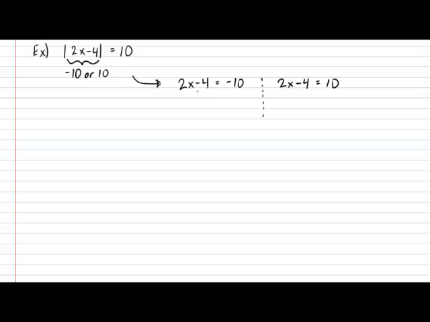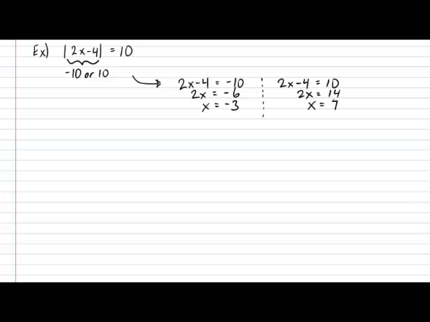So on the left side we have 2x is equal to minus 6, therefore x is equal to minus 3. On the right side we have 2x is equal to 14, and therefore x is equal to 7.